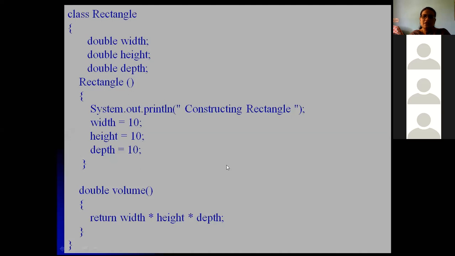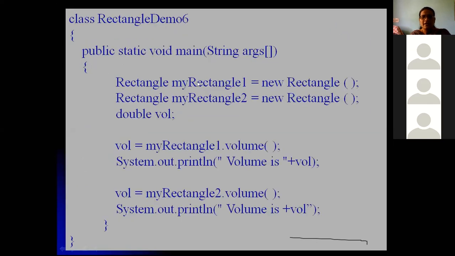And this is the default constructor example: class Rectangle, which has 3 variables, and Rectangle is a constructor. Within that we have a function, and here you can see that we have initialized 10, 10, 10 values. You can initialize 0, 0 or 1, 1, anything you want in a constructor, as soon as the object is created via the constructor. Here, Rectangle rectangle1 is equal to new Rectangle.